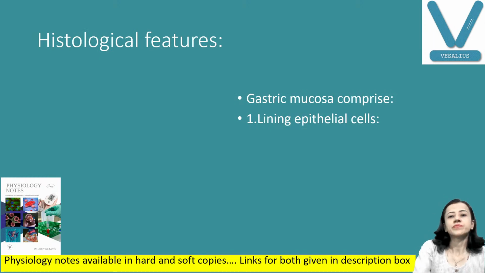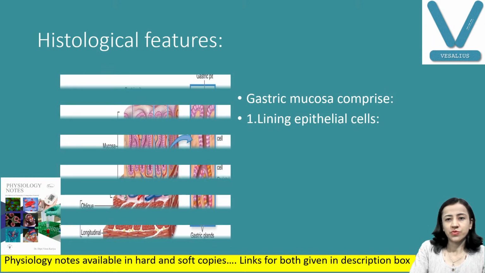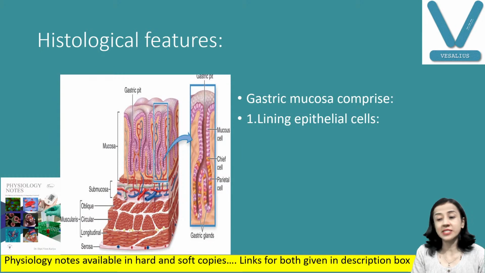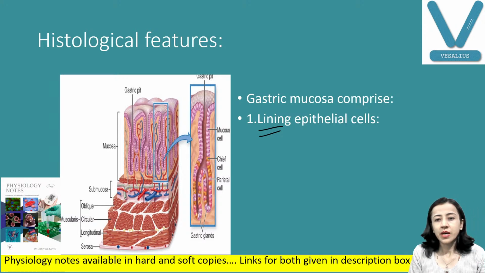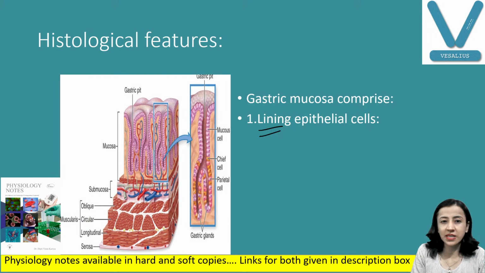Okay, so these are different areas, and accordingly different glands are present. Now, what is the histology? Which type of epithelium does the stomach have? The stomach has lining epithelium, that is columnar epithelium. The surface epithelial cells are present, and you can see this is the gland, and the gland has different cells.